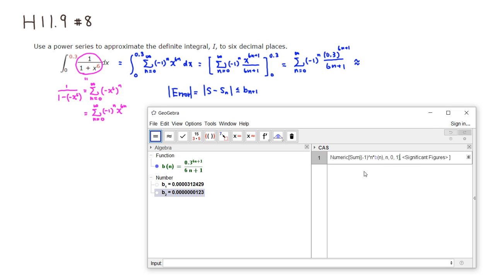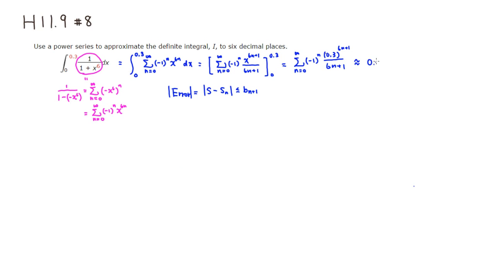Significant figures is going to be 6. Hit enter, and we got 0.299969. That's going to be the approximation correct to 6 decimal places.